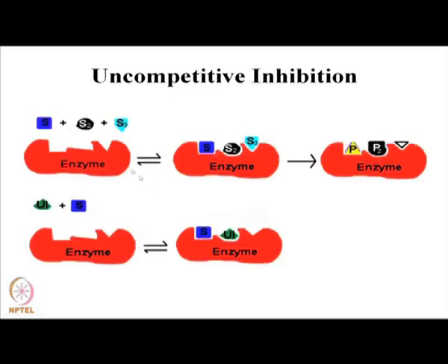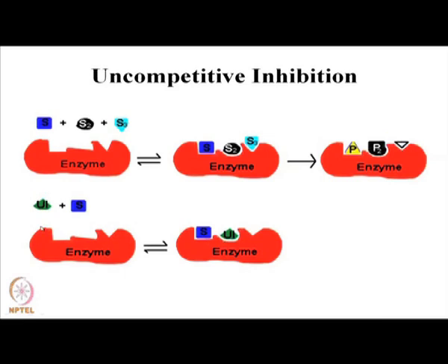Okay. So, uncompetitive inhibition, you see substrate, this is another substrate, this is the third substrate. So, what is happening? These three are binding with the enzyme to give rise to product P. This is a product, then P2 and also something over here.